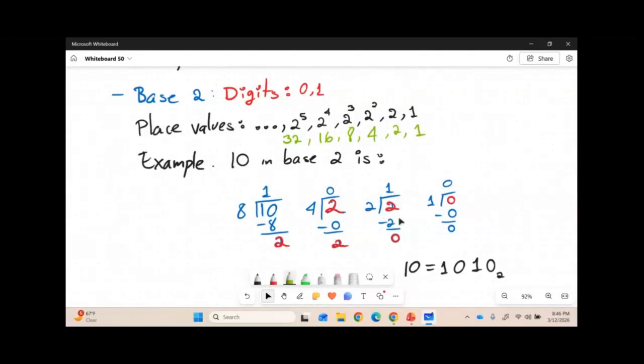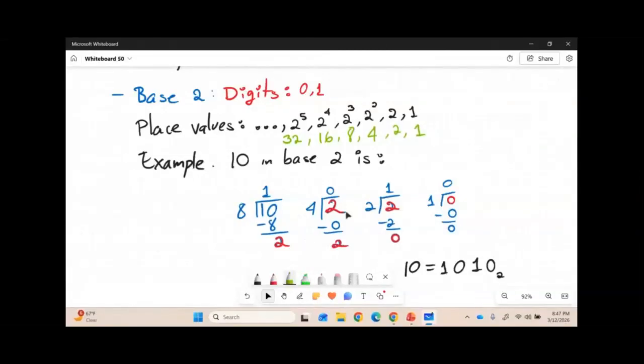And 2 fits into 2 once, and the remainder now is going to be 0. And you continue dividing until the last place, the one on the right, which is the place of the ones. And since I have a 0, if you divide 0 by 1, that's just going to be 0, and the remainder is 0.